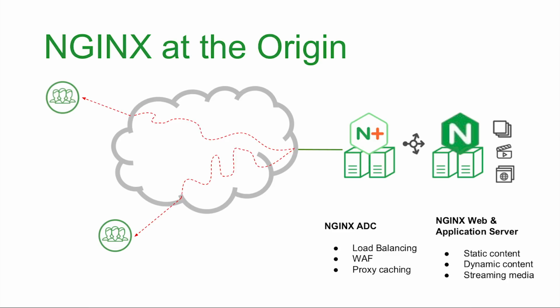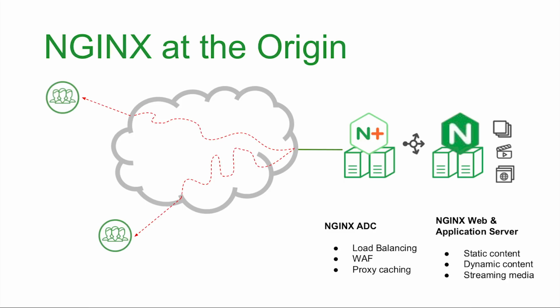So if we go back, just at a high level again, to how NGINX is typically used: NGINX is typically used as a web server. NGINX open source and NGINX Plus run over 300 million websites on the internet, and over 60% of the top 10,000 websites run on NGINX.